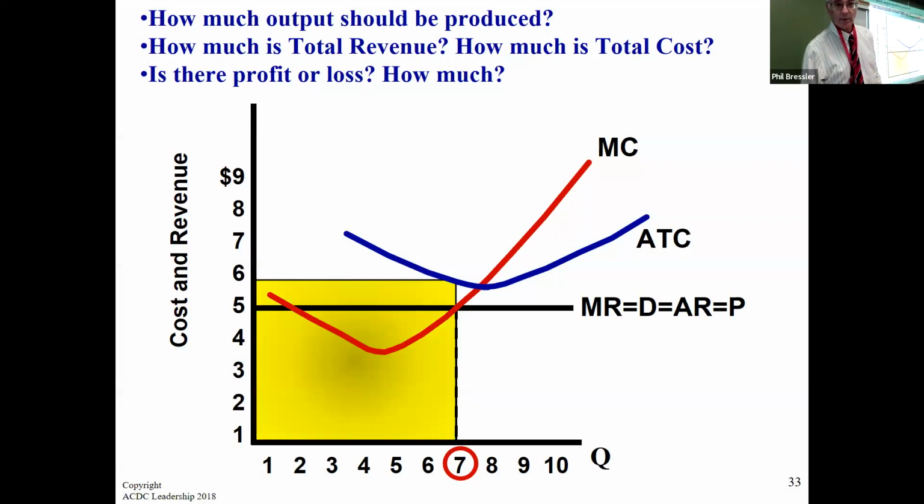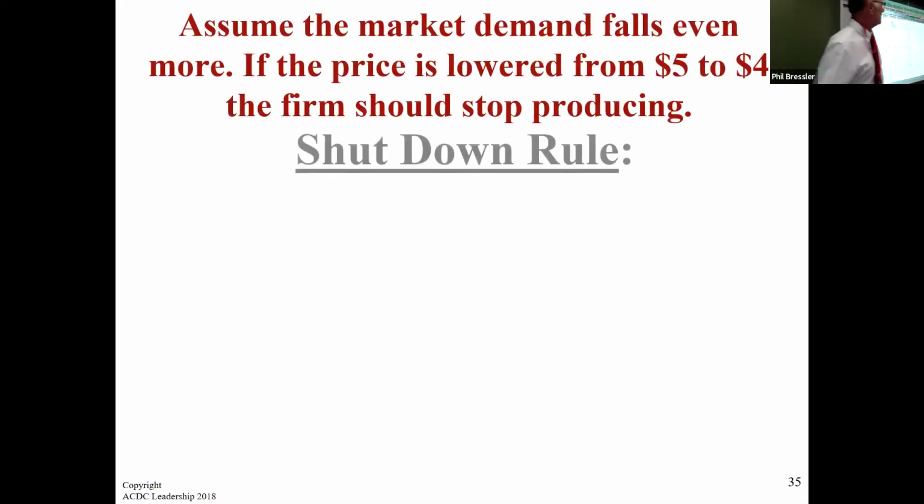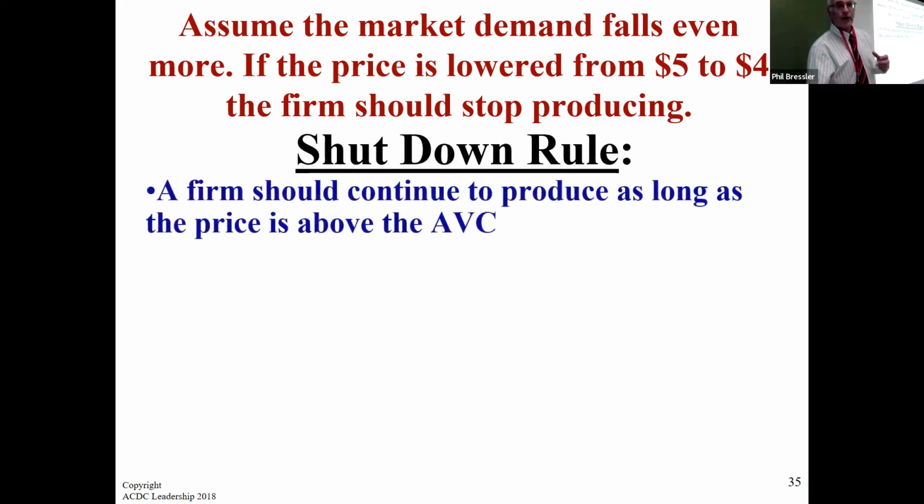This is the one we just did. Now, here is the shutdown rule. A firm should continue to produce as long as the price is above the average variable cost. I'm going to show you that and talk about it in a second.